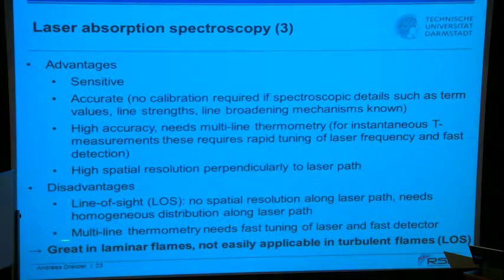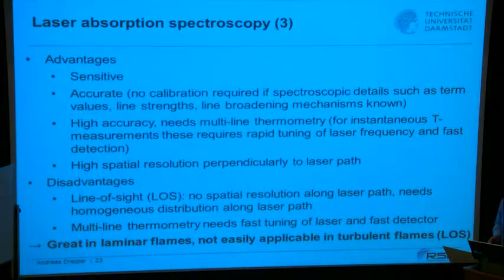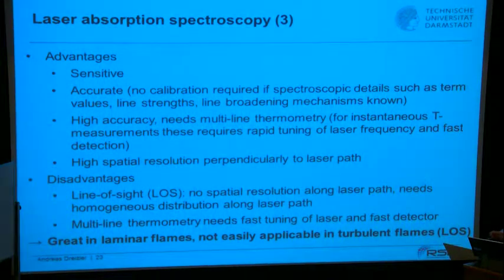Okay, and if you probe many lines, then typically if you want to do it with one laser, you need a laser that can be quickly tuned. That is given by infrared diode lasers, for a few of them at least, whereas in the UV, for example, that is more difficult. Tuning a dye laser, for example, or an alexandrite laser is not as easy as a diode laser.